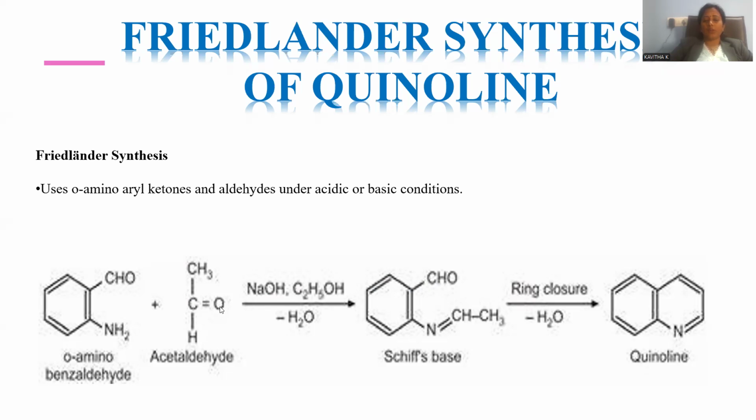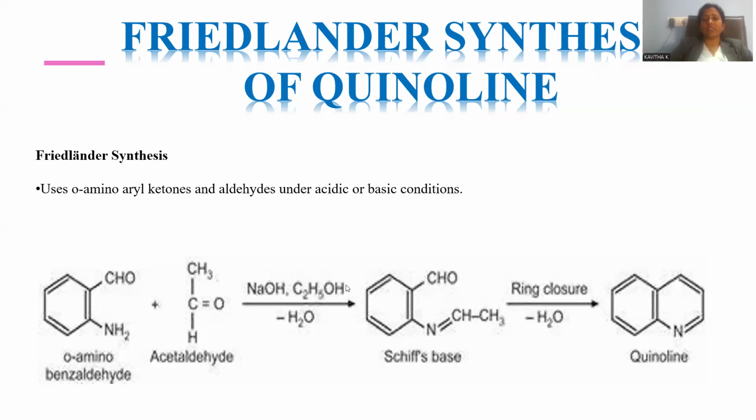Whenever an amine and an aldehyde combine, the condensation between the amine and aldehyde gives an imine linkage called a Schiff base. The Schiff base further undergoes a ring closure reaction, an annulation process between this aldehyde and the olefinic imine linkage, giving rise to the final product quinoline by a dehydration process.